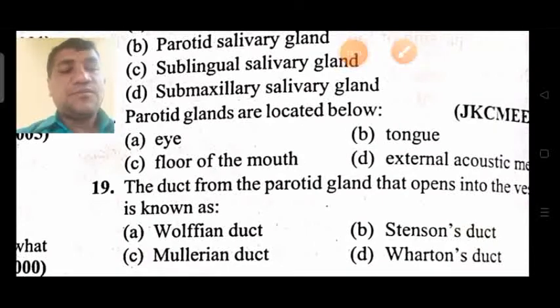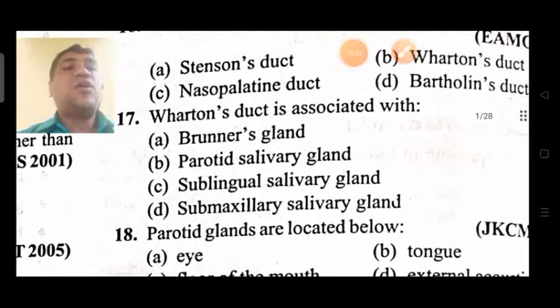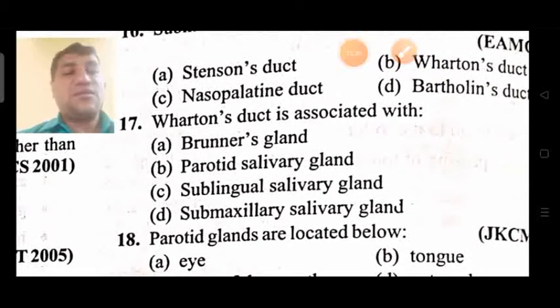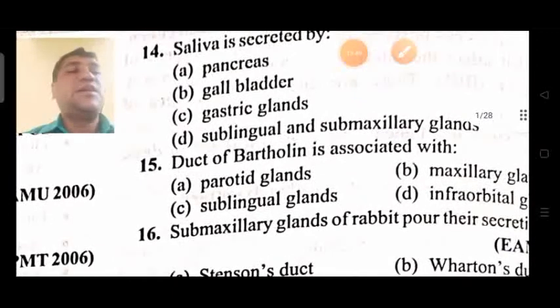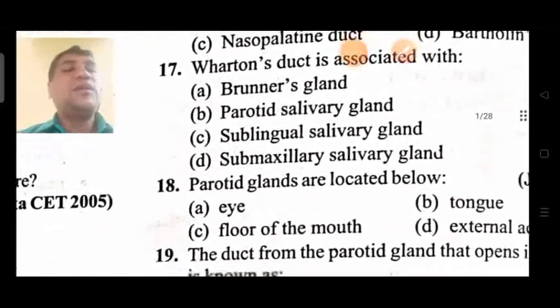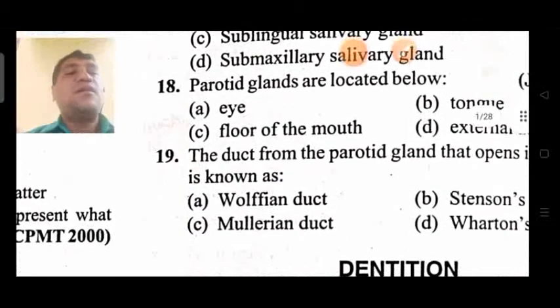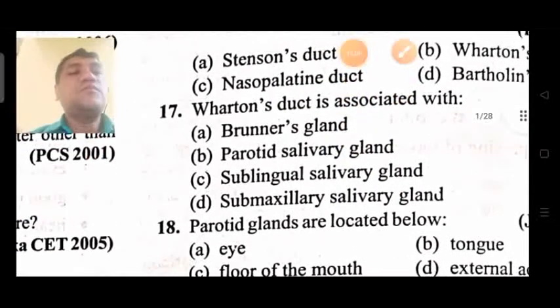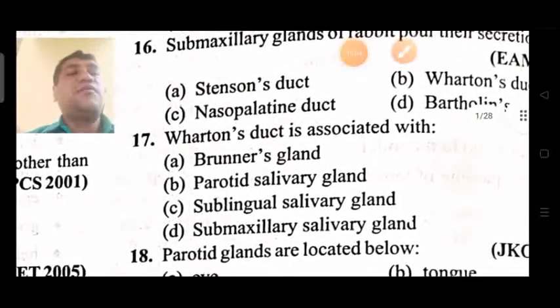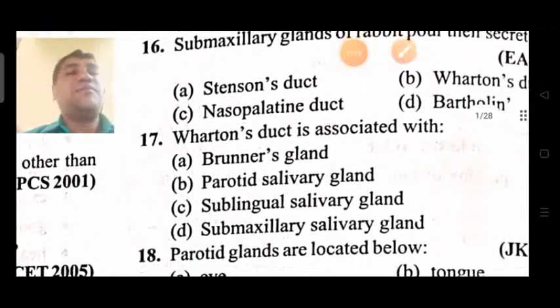Next, the 17th question. The Wharton duct is associated with Brunner glands, mucus, parotid salivary gland, or sublingual salivary gland. The sublingual is also called Bartholin gland, and already you know that the Wharton duct is the submaxillary gland.